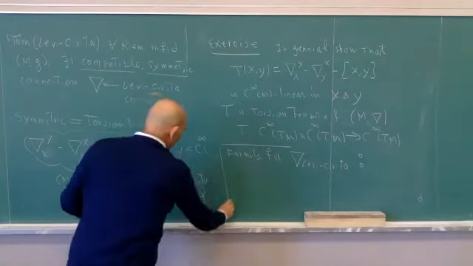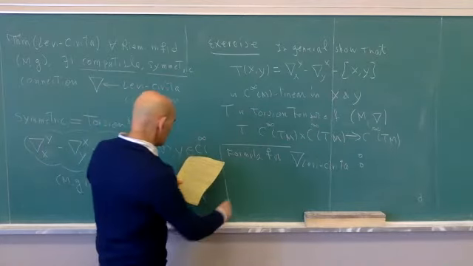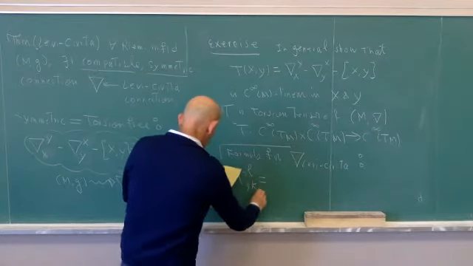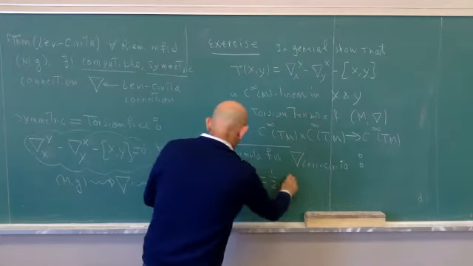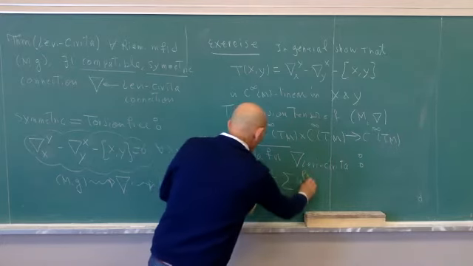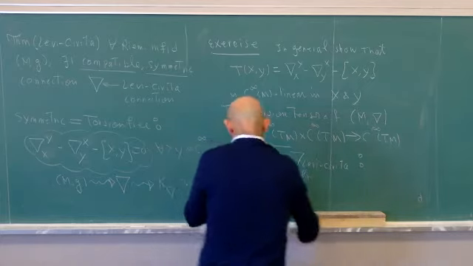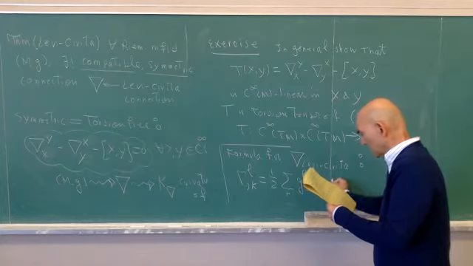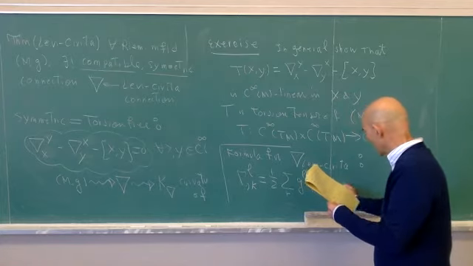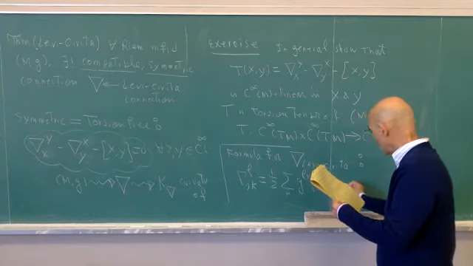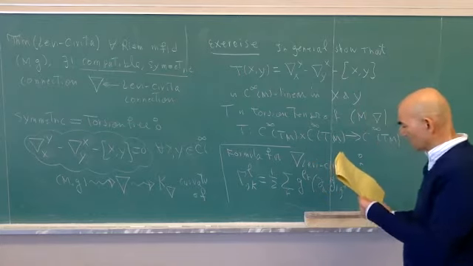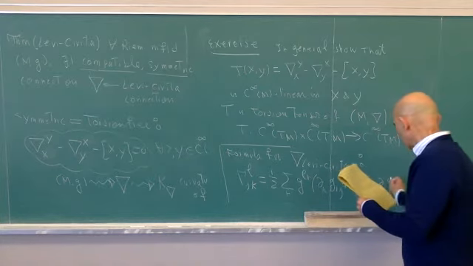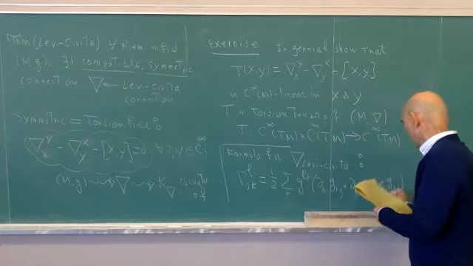You have to go through the proof, but in the end you derive that Gamma^l_{jk} equals 1/2 sum over r of g^{lr} times (d_k g_{rj} plus d_j g_{rk} minus d_r g_{jk}).